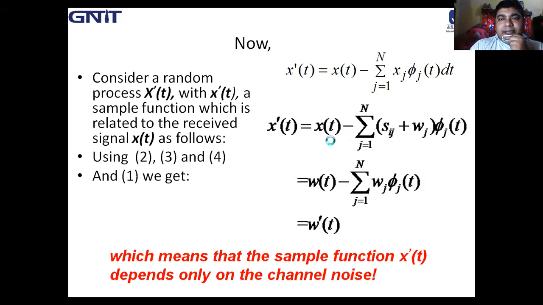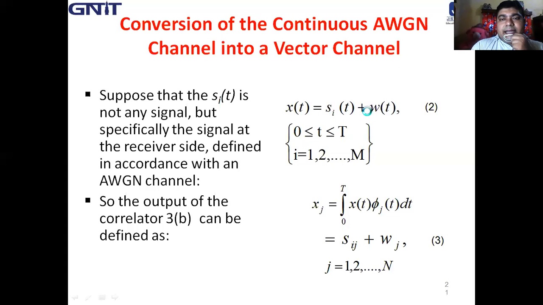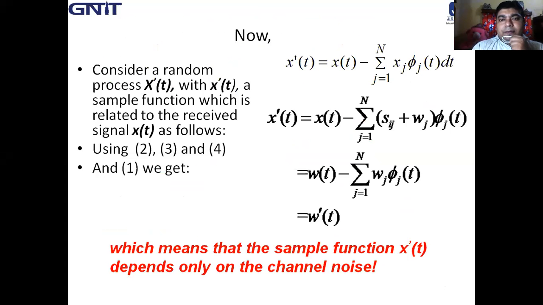Therefore, x(t), which is si(t) plus w(t). Now put this x(t) in this equation. So x(t) is equal to si(t) plus w(t). Now this summation over j equal to 1 to N of sij phi j(t) is si(t).